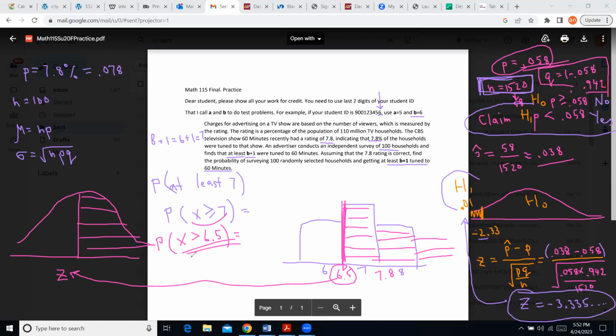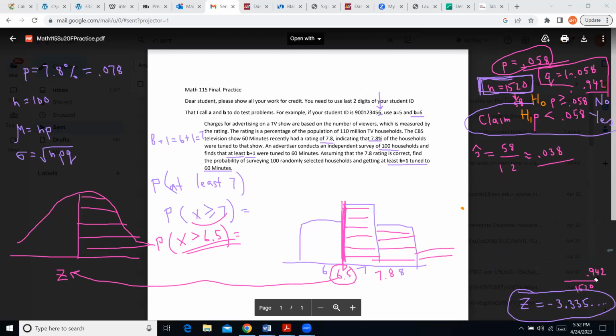And the formula was always the same. I think I took lots of room, so I may need to clean a little bit here on the right. So I'm going to use the z-score formula, which is x minus mean over standard deviation, our favorite formula.